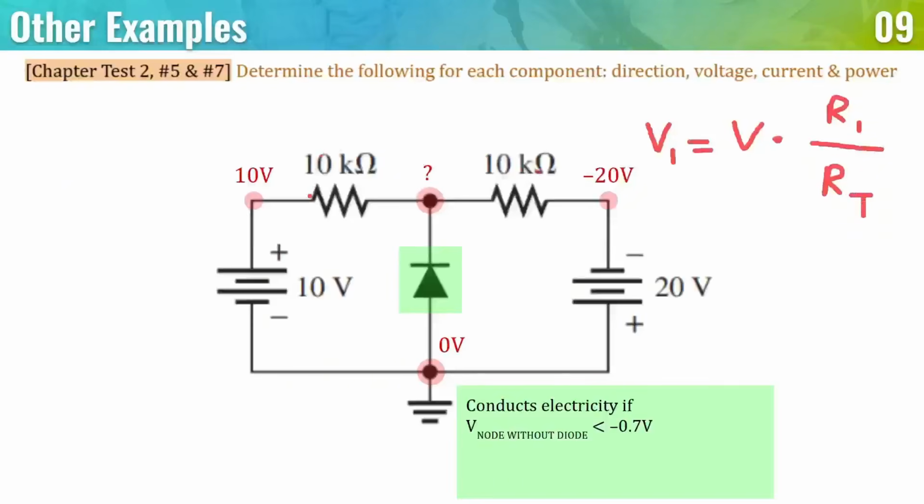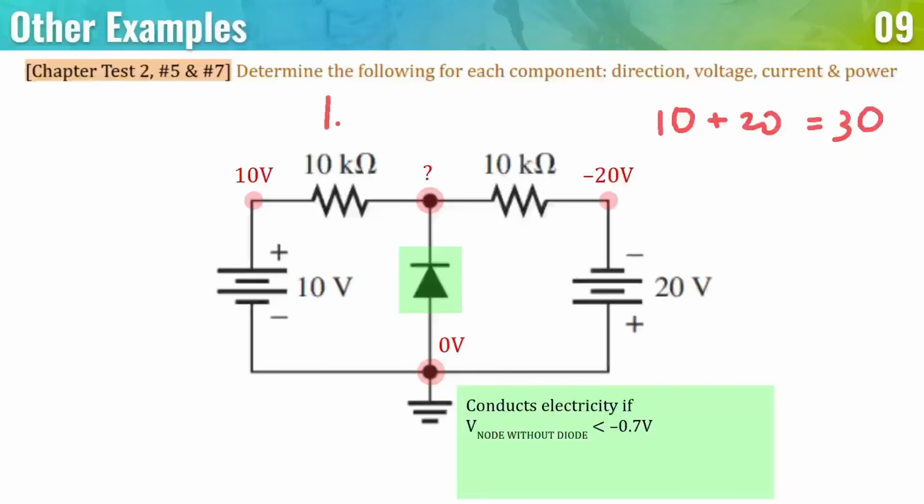So that's going to be the voltage across one of the resistors. But since they are equal, they're just 10 kilo ohms anyway, we know that it's simply going to get split. So from 10 volts to negative 20 volts, that is 10 minus negative 20, there's going to be 30 volts involved. So that means 15 are going through here.